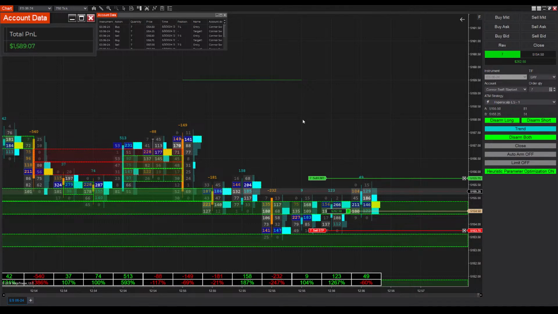Got filled long here. It hit our automatic stop chase, meaning we'll lose less on this than we would win if we were to get stopped out.